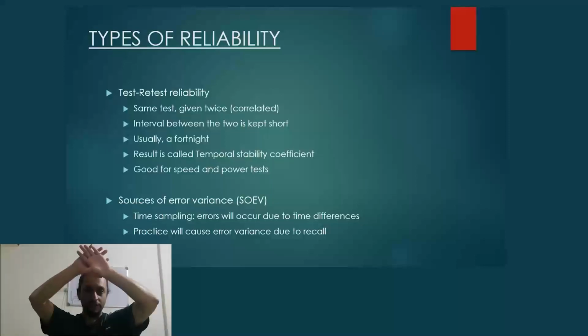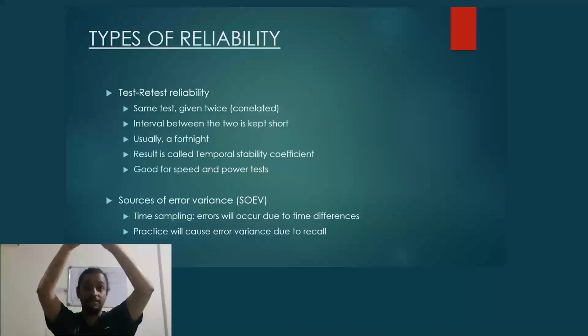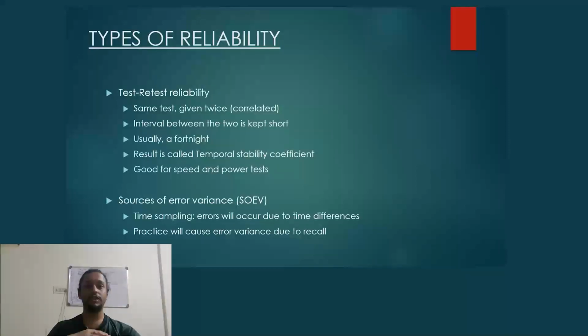If they score similarly a lot of times, that means there is high reliability because there is high consistency of scores. If your correlation scores are low, it means that they are not scoring similarly over time, which means that the reliability drops, right?